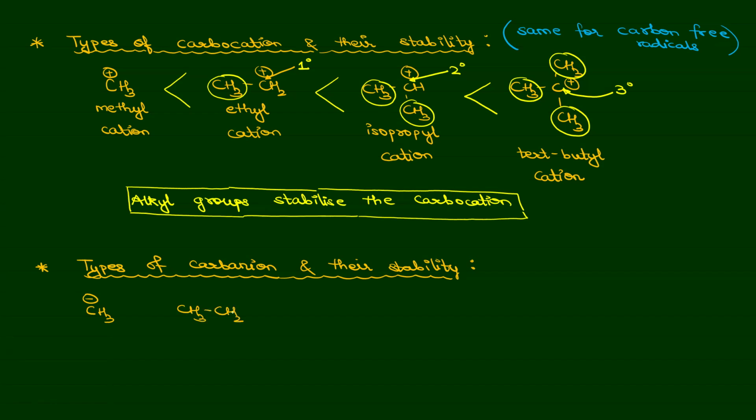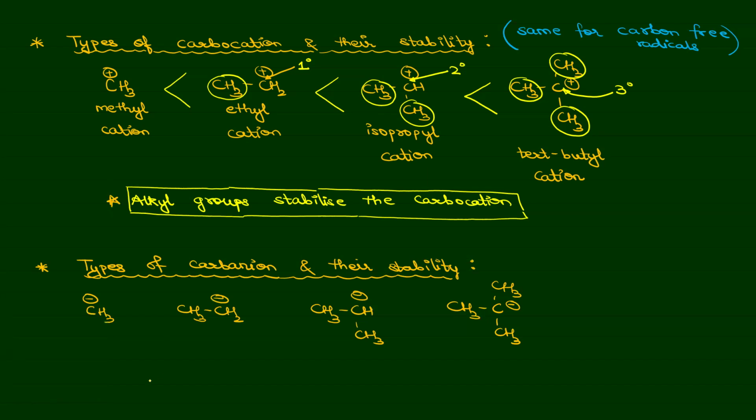Then I'll have ethyl anion, isopropyl anion, tertiary butyl anion. So the types of the intermediate, whether it is carbon free radical, carbocation, or carbanion, remain the same: methyl, primary, secondary, and tertiary.